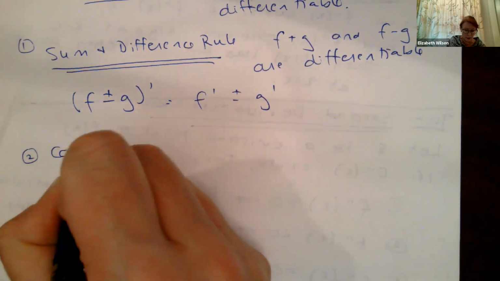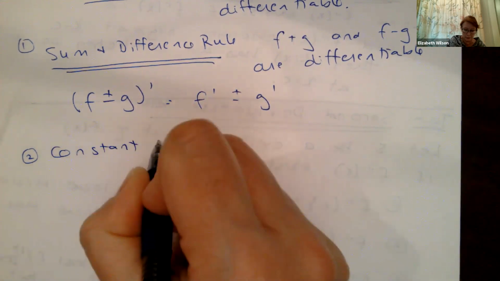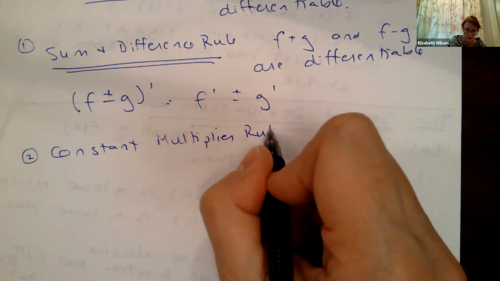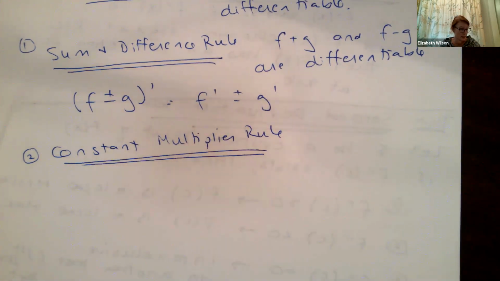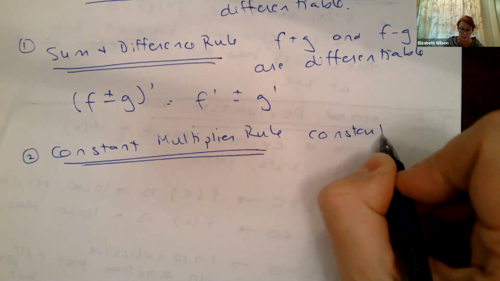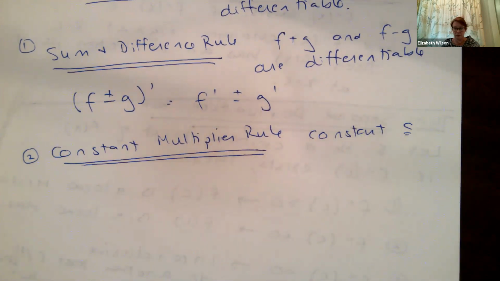The other one is a constant multiplier. I kind of just touched on it when we were talking about pi, like pi times x. So we've got our constant value, we'll call it c. It's just a number like pi or 10 or minus 5, just a number.